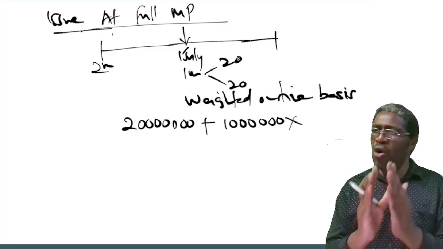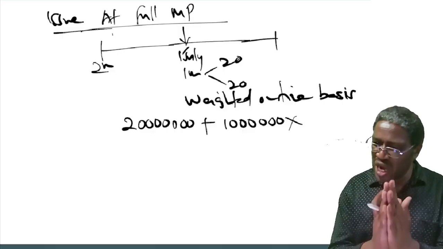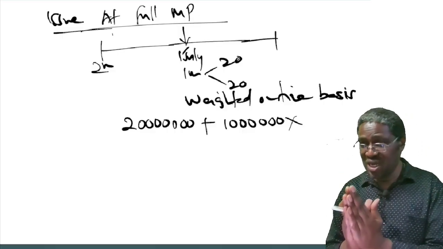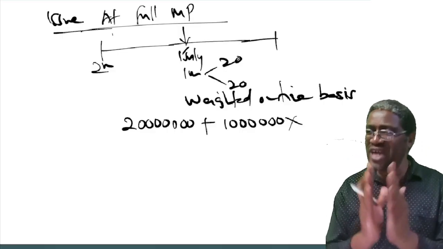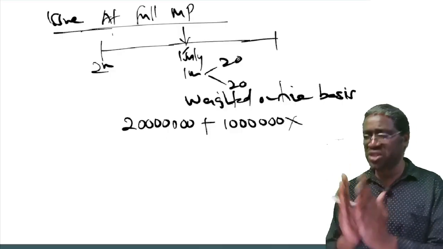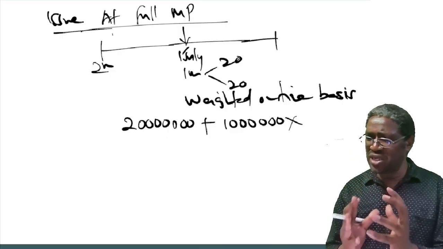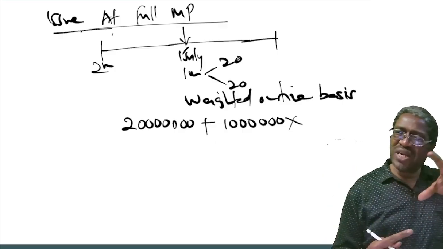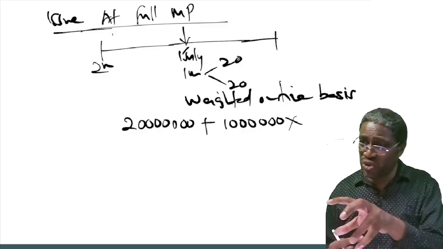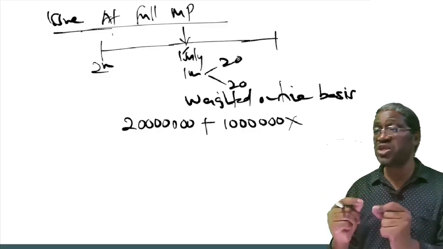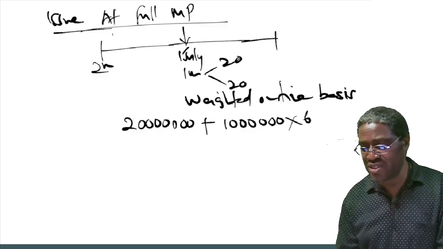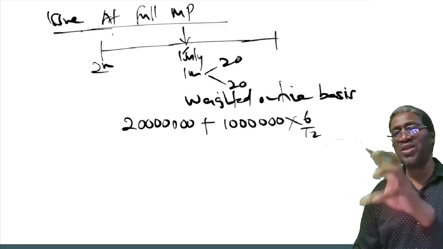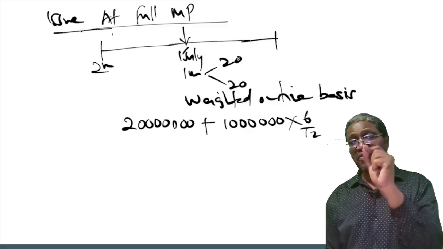This money only financed me from July to December. So we normally argue by saying, why then should I give you earnings for the full year and yet your money did not finance me for the full year? Your money only financed me for 6 months. That's why we multiply that by 6/12, which is what we call the time adjustment factor.